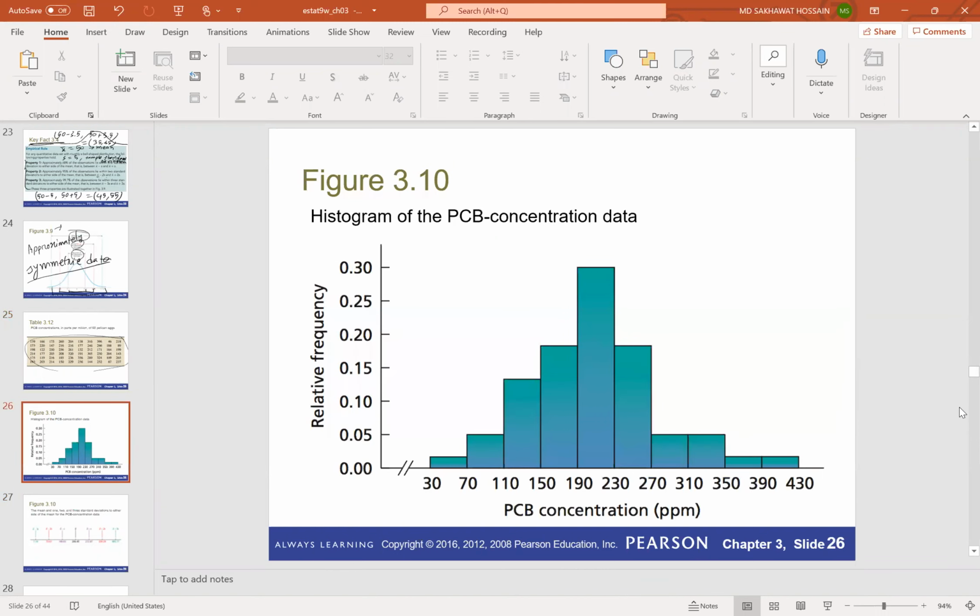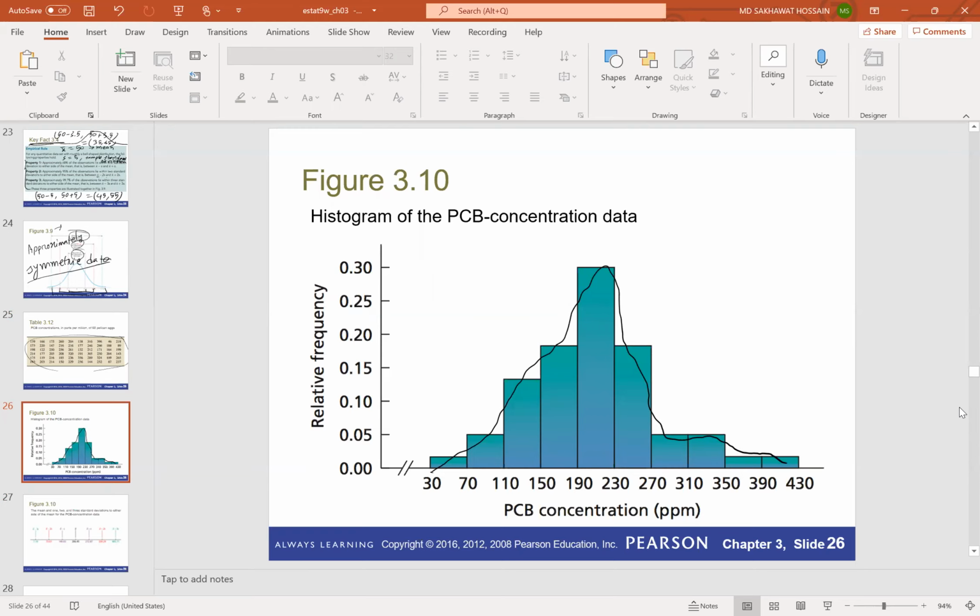If you construct the frequency or relative frequency distribution or the histogram, you can see this is approximately symmetric. If you join the midpoints, you will see that it is not exactly symmetric, but approximately bell-shaped.